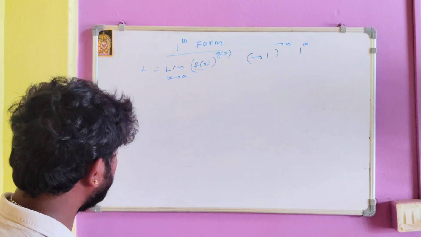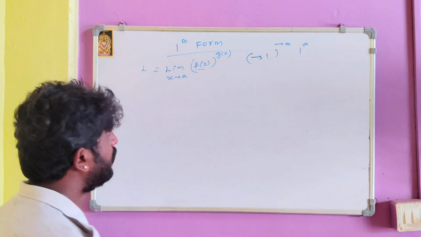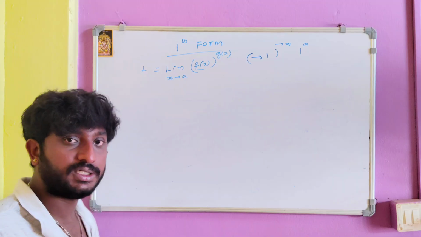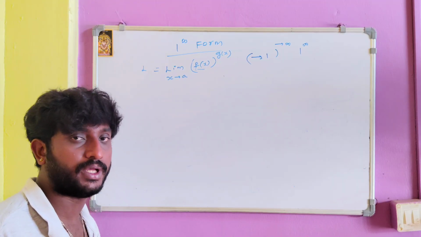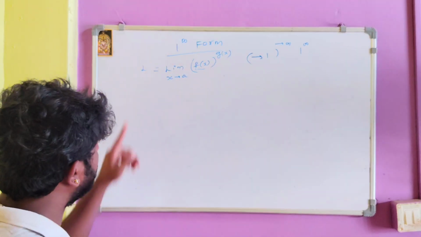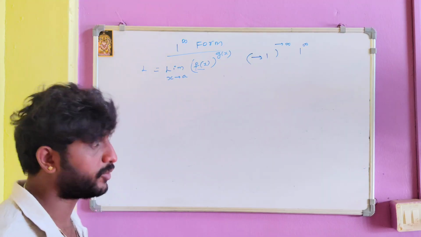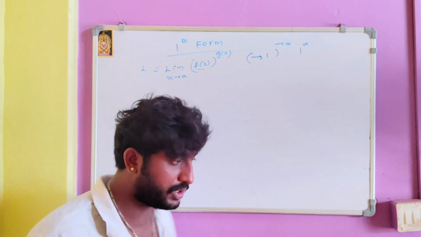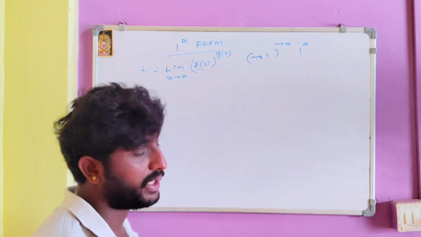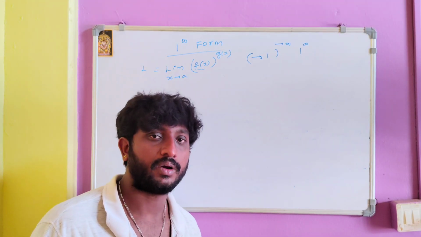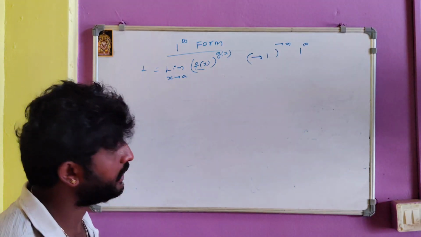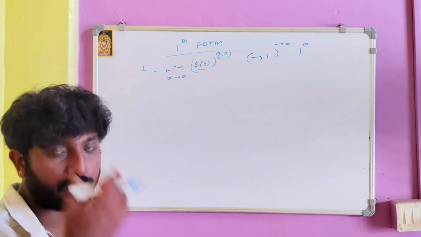The method is simple. Take log on both sides and simplify further. Then finally you will get the L value. This is method one. I'm going to solve some examples, and in those I will discuss in detail.